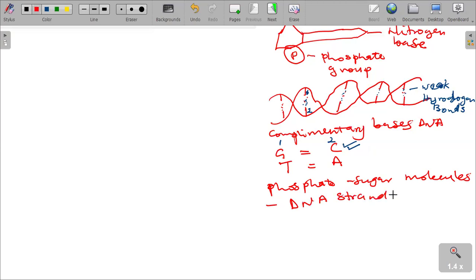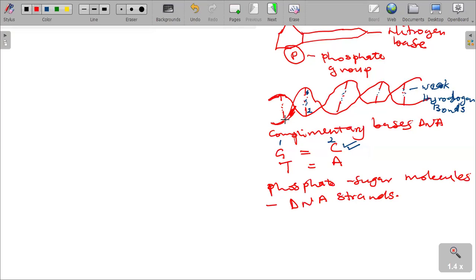They are the ones forming these strands that we are talking about. Hence, that is the structure.